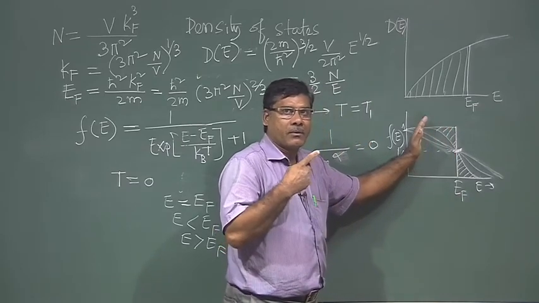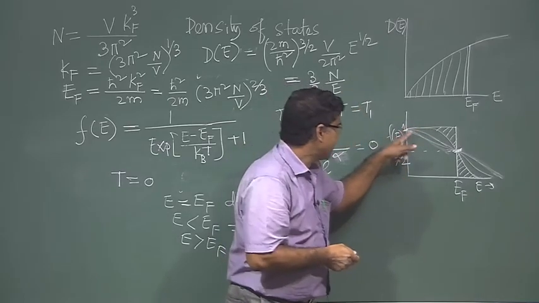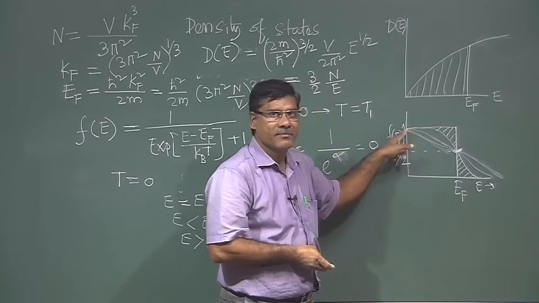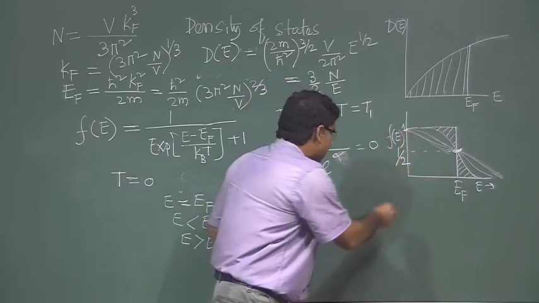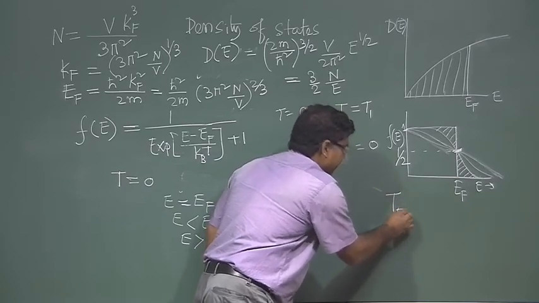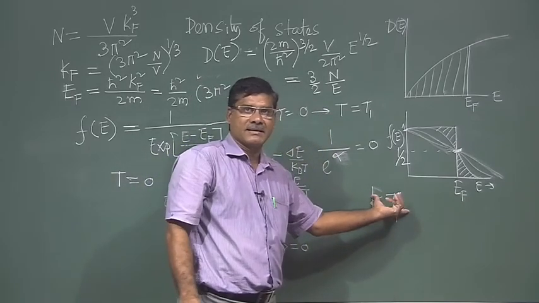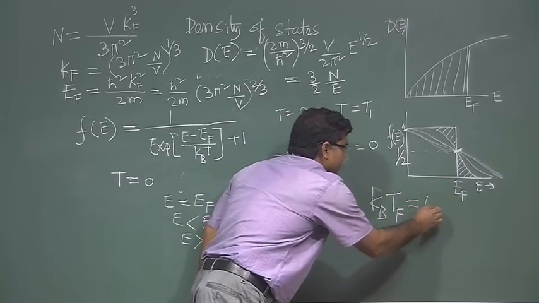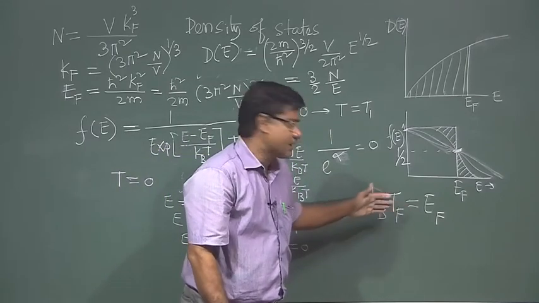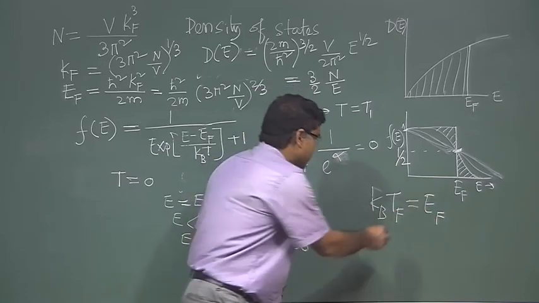When the temperature is such that electrons will be excited from the lowest energy level also, we write it as TF, the Fermi temperature, and kBTF will be equal to EF.